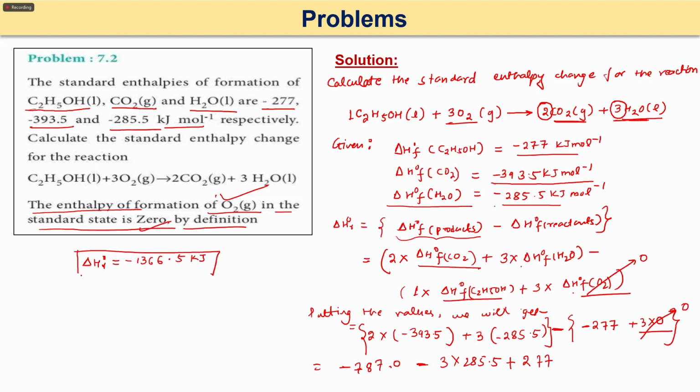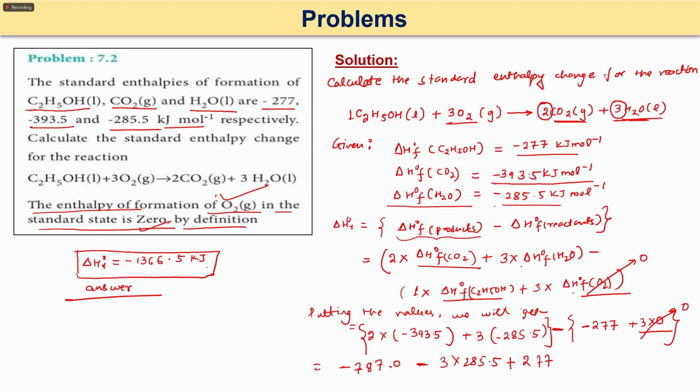So if you solve this, you will get this value for the standard enthalpy change of the reaction. So this is the answer. Okay. So what we have done here, they have already given us the values.